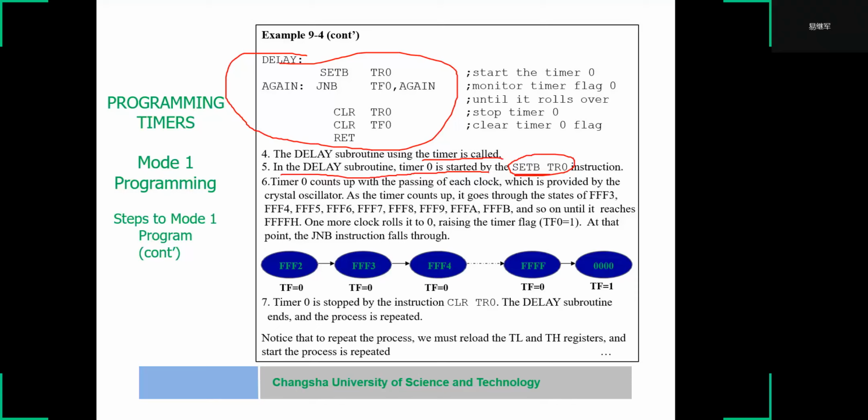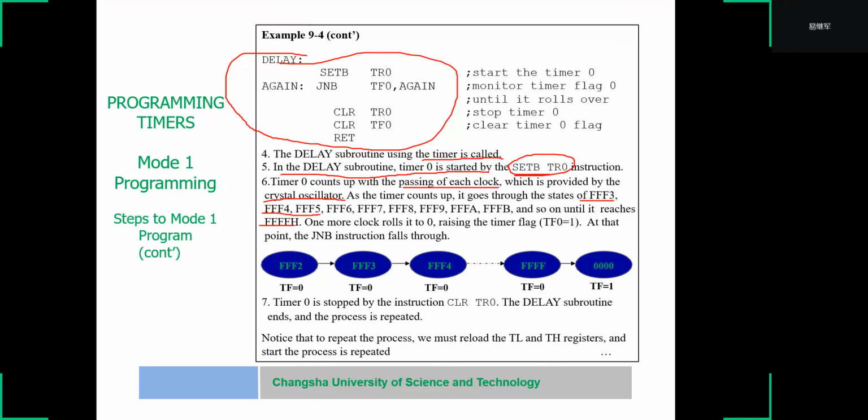Timer 0 counts up with the passing of each clock, which is provided by the crystal oscillator. As the timer counts up, it goes through the states of FF3, FF4, FF5, and so on, until it reaches FF.